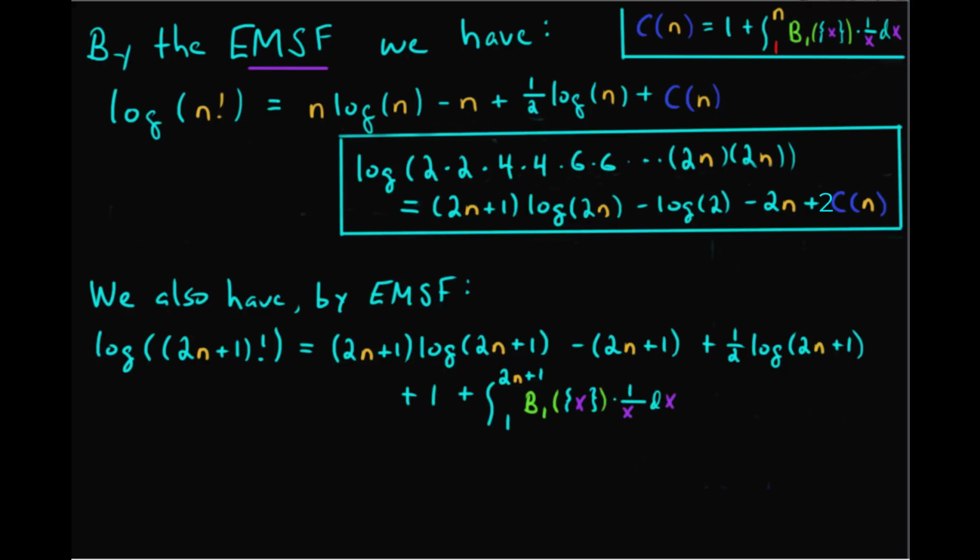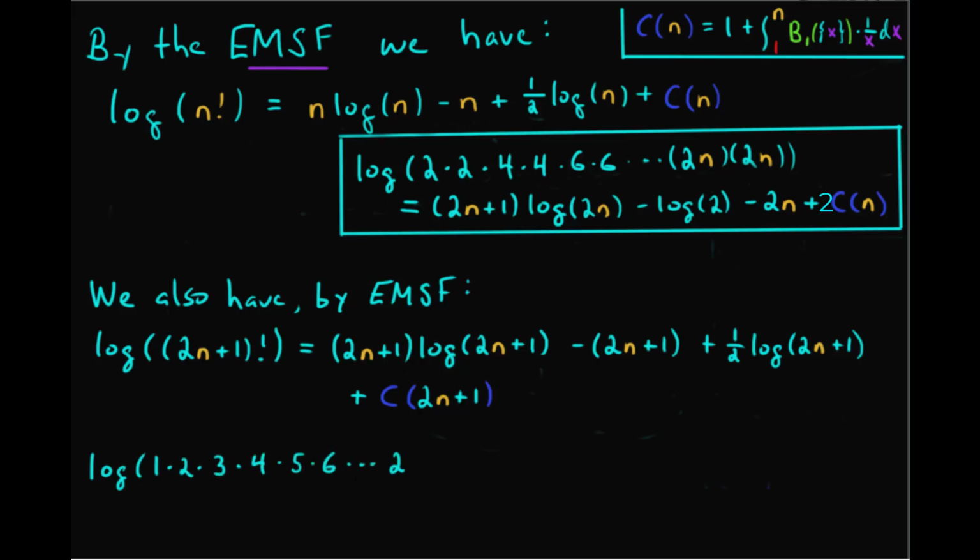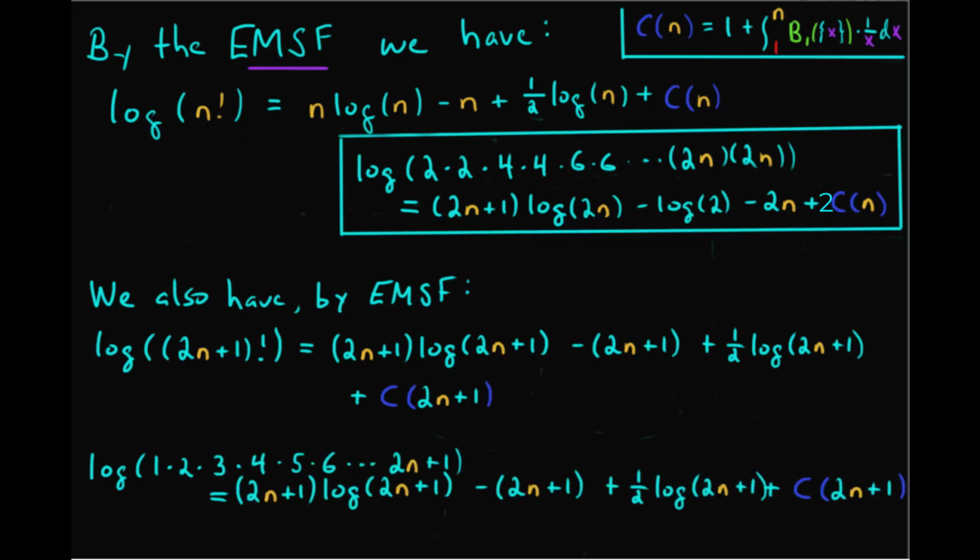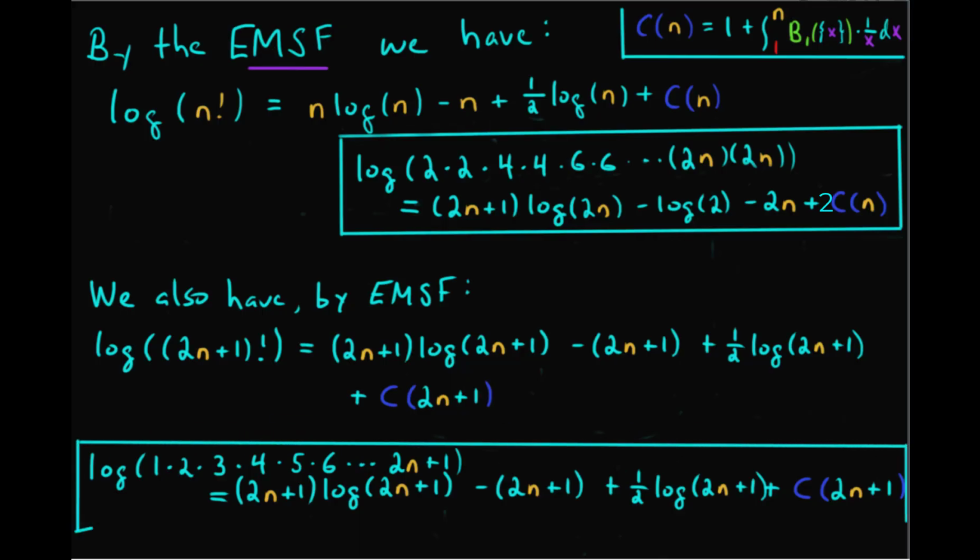Now, I'll just group those last two terms together and call them c of 2n plus 1. So I just want to rewrite that formula here, and I'm going to put a box around this equation. This is the second identity that we're going to need for the derivation.